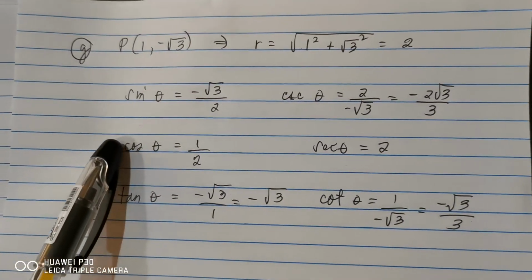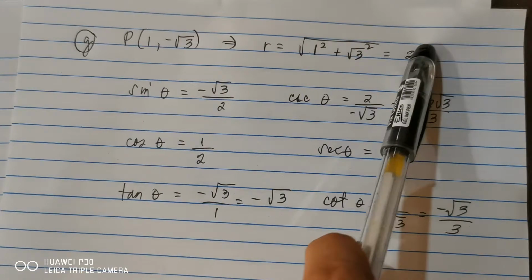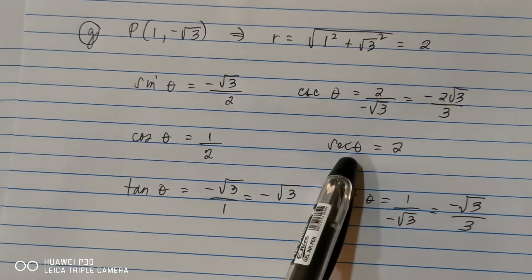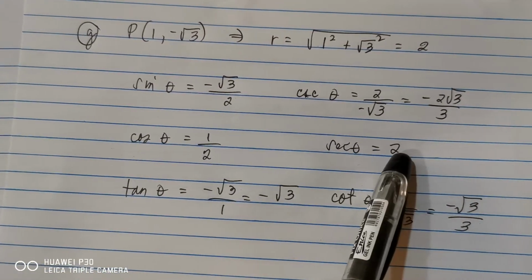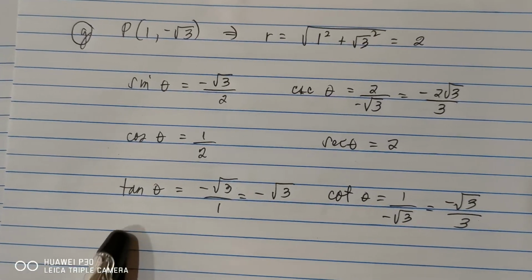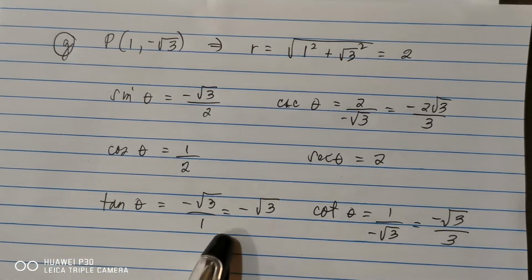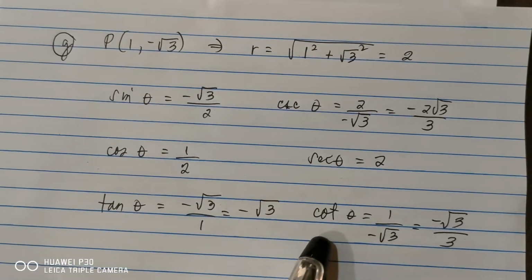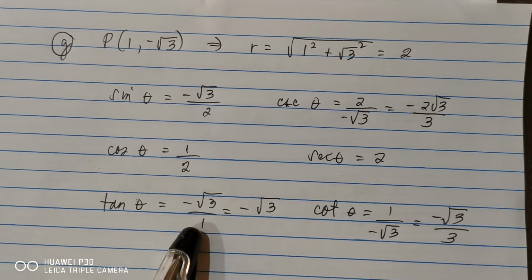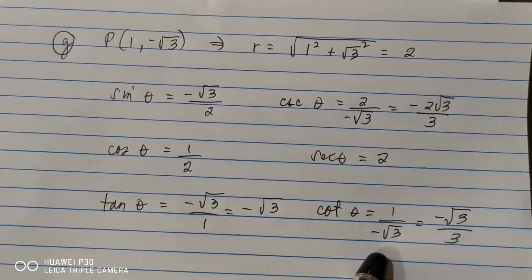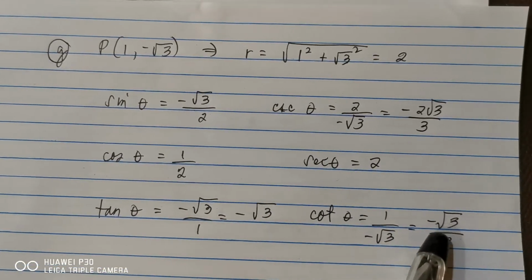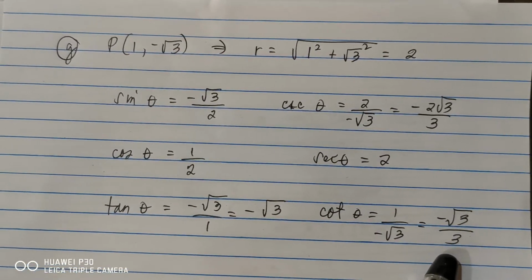Cosine theta is x over r, which means 1 over 2, or 1/2. Secant theta is the reciprocal, which is 2. Tangent theta is equal to y over x, negative square root of 3 over 1, or negative square root of 3. Cotangent theta is the reciprocal, so we have 1 over negative square root of 3, or negative square root of 3 over 3 after rationalization.